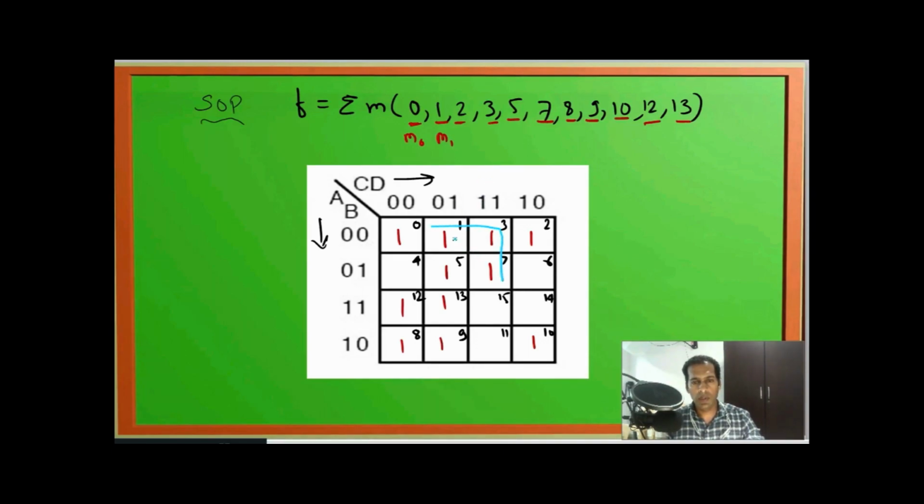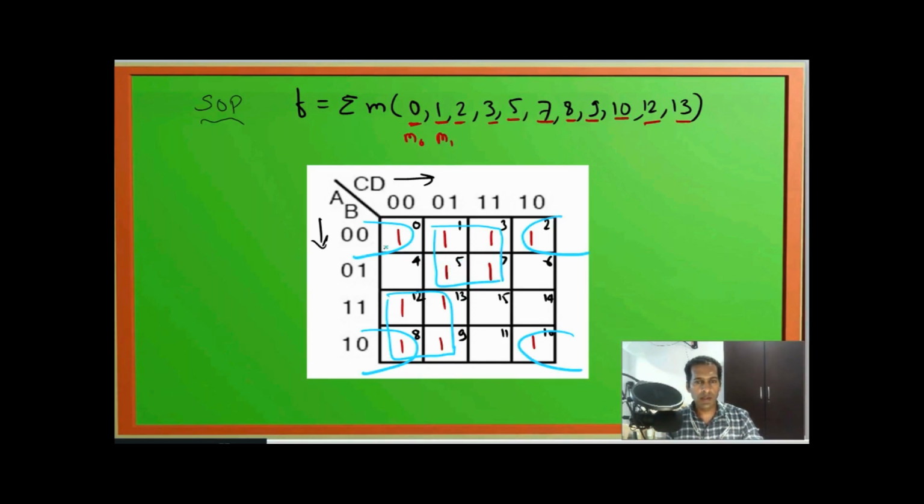This one we can make a combination of 4, and this one also. Now the 4 corners also have 1, so this one corner, this one and this one. Apart from this, do we have any isolated term? No, none remaining.